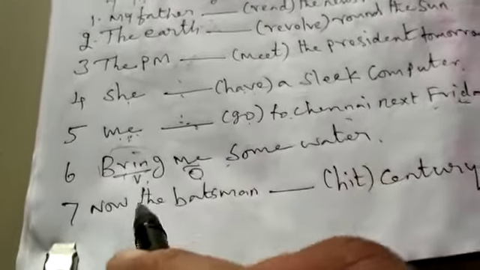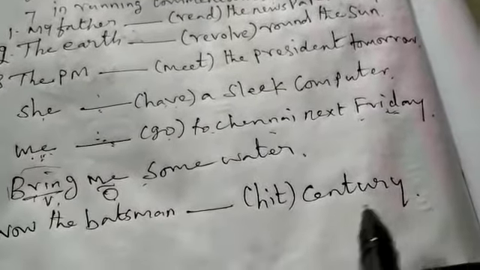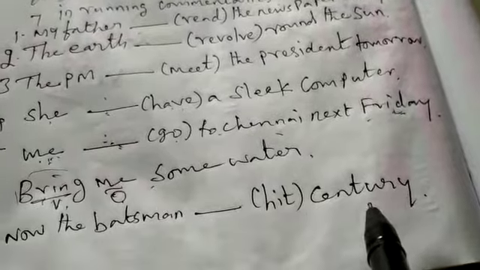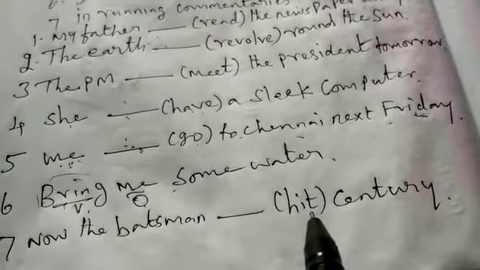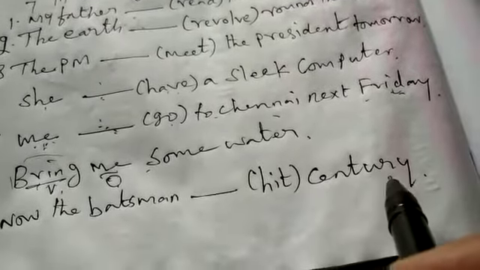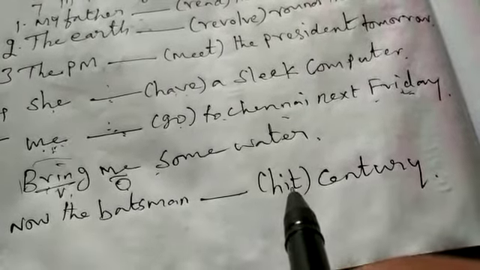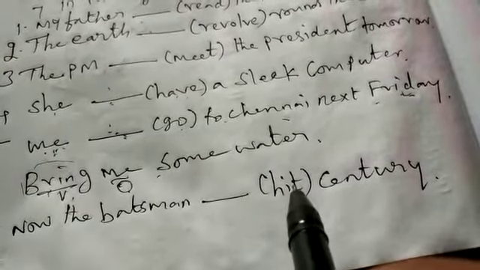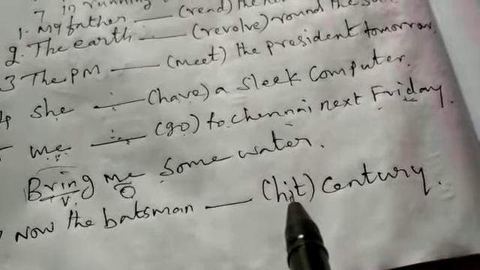Okay. Seventh one. Now the batsman dash century. This is in running commentary. Now the batsman dash century. Within brackets hit. The verb hit comes in the present form within brackets.